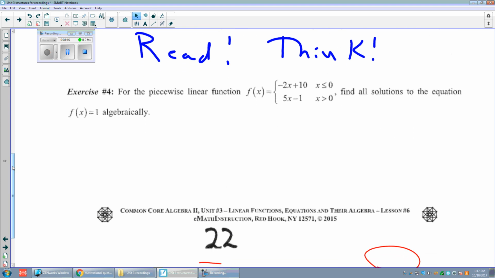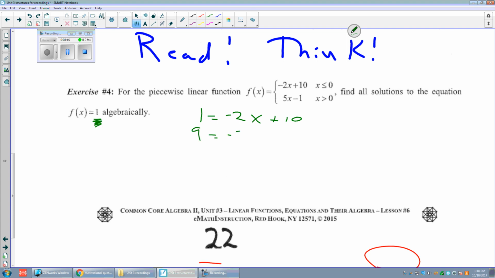For the piecewise linear function, find all solutions to the equation f of x equals 1 algebraically. Okay, that's pretty easy. This is the y number. So that means I have to have 1 equals -2x plus 10.